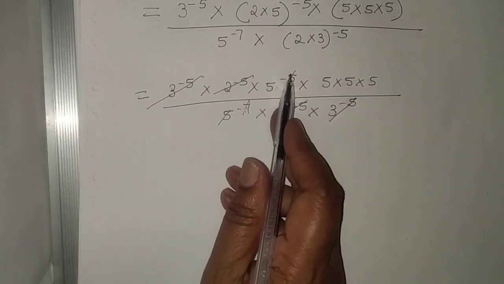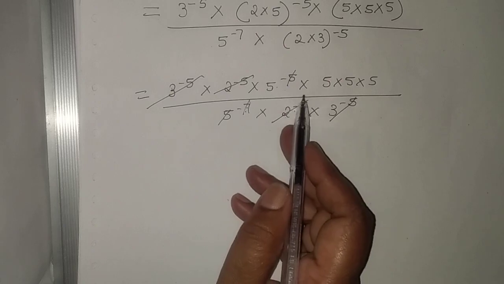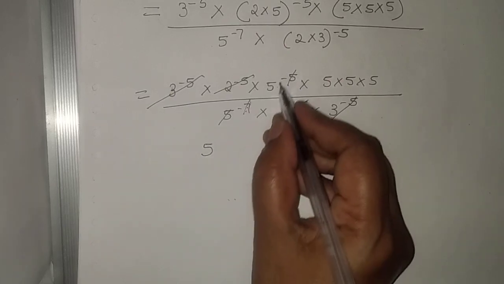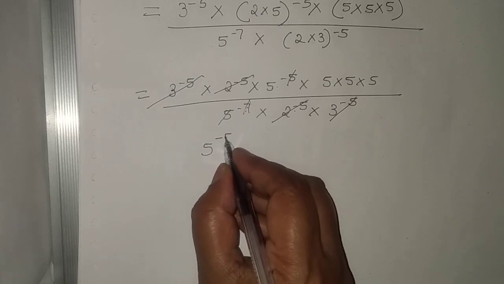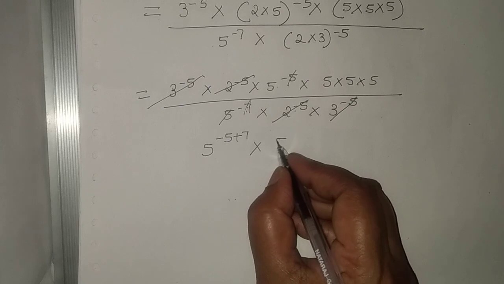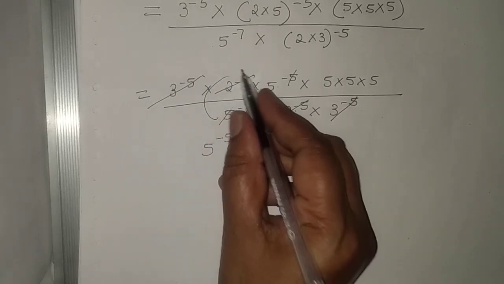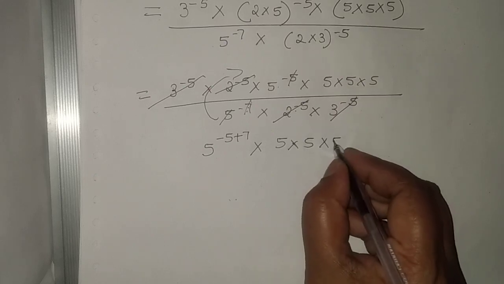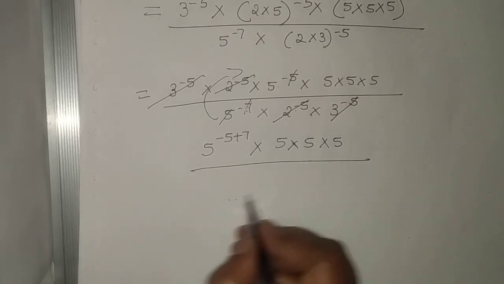How much if it goes to the denominator? We'll get, or if we are confused, we can take like this: 5 power minus 5 plus 7 we can take into 5 into 5, meaning taking this to the numerator, 5 into 5 into 5. So what is the remaining here?